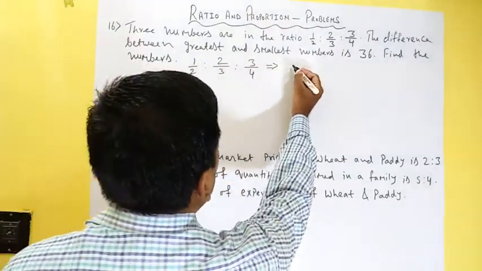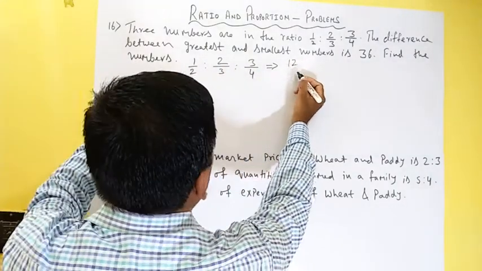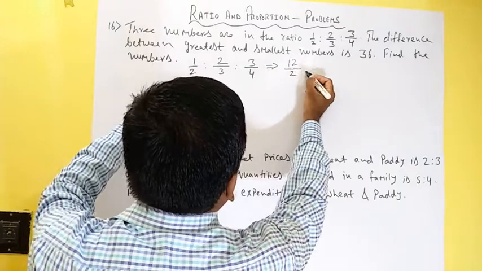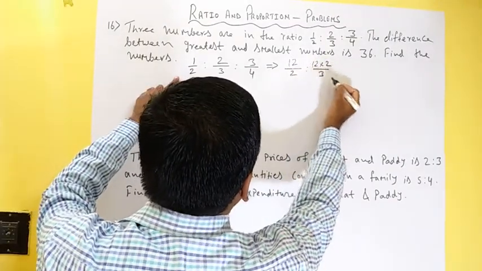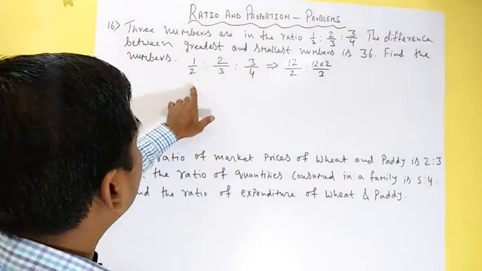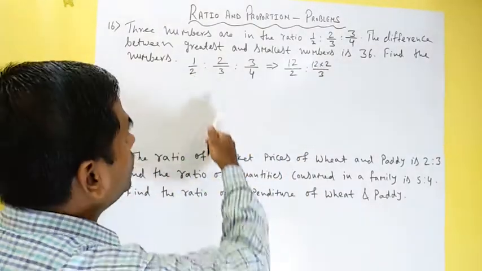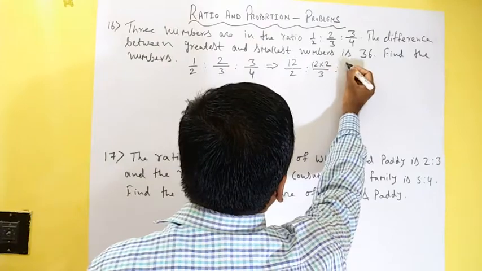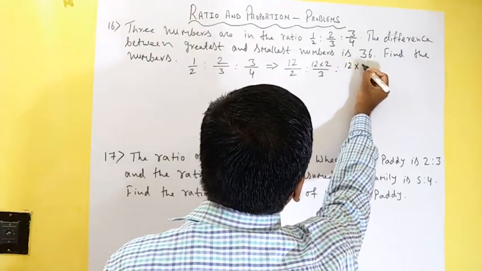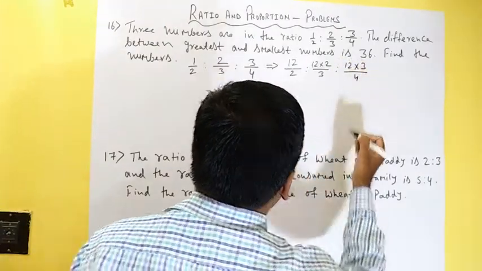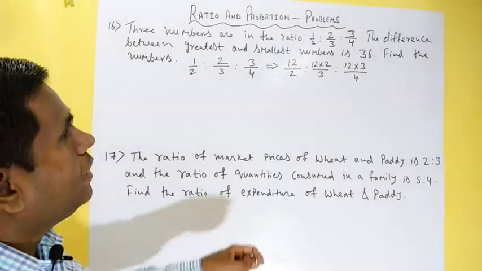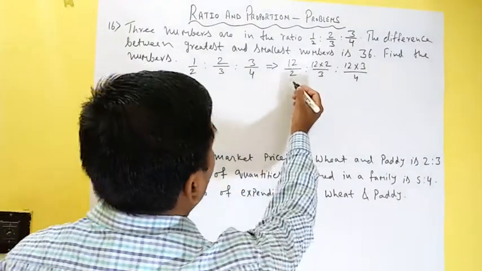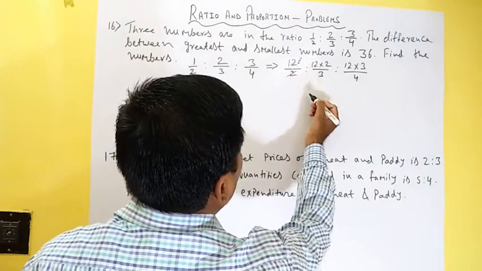So 12 into 1 upon 2 is to 12 into 2 upon 3 is to 12 into 3 upon 4. Hope you have understood, friends, we have taken the LCM of 2, 3 and 4 as 12. Now let us start the cancellation. We can cancel this, it will become 6.